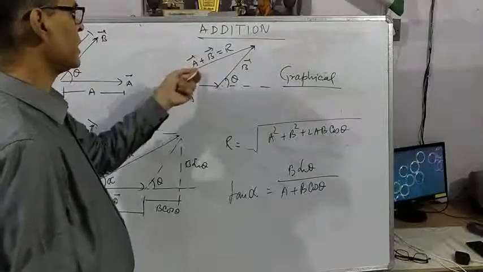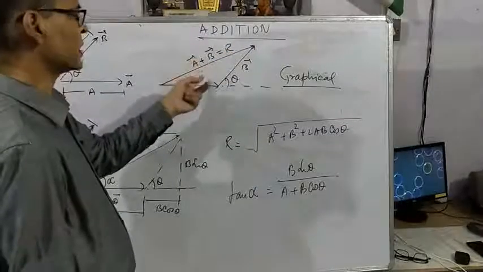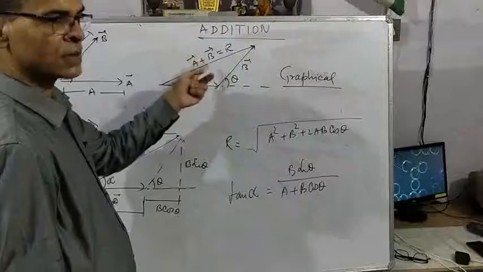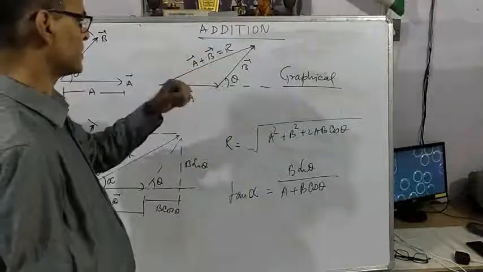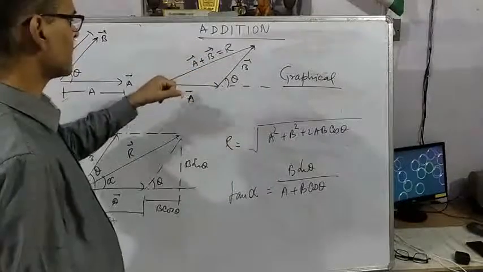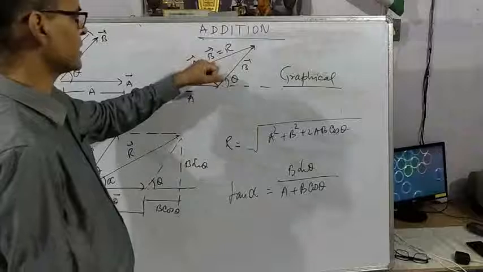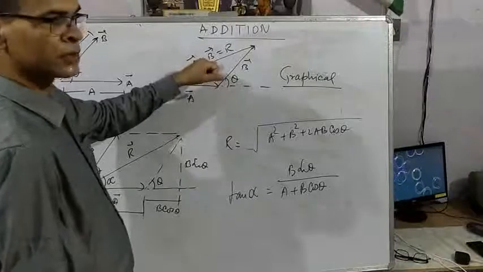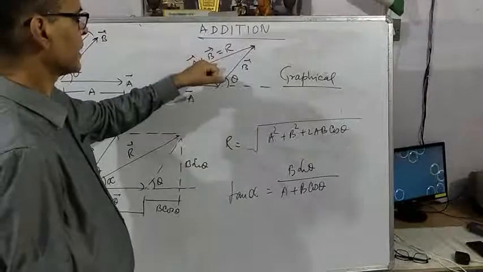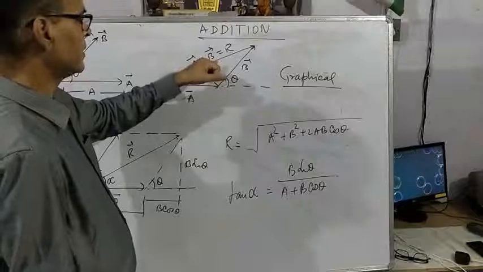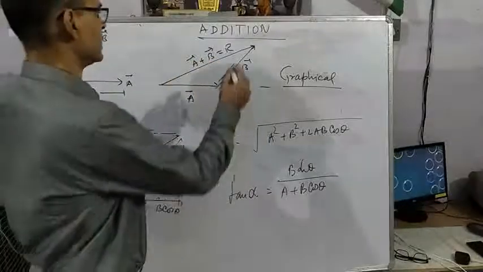This line will be addition or sum or resultant of these two vectors. According to that scale, you have to convert this line into suitable unit, and that will be the addition or resultant.